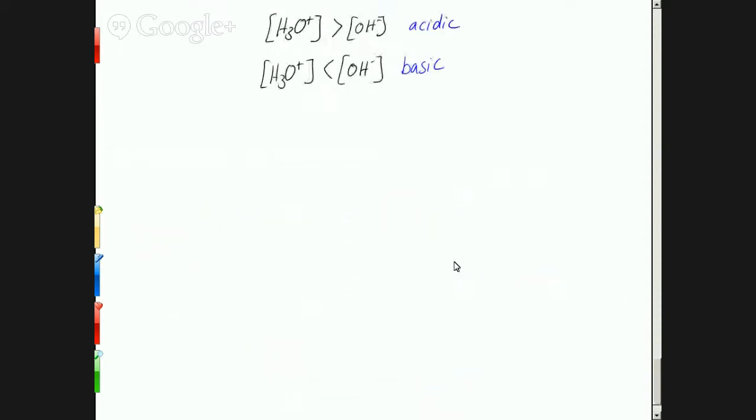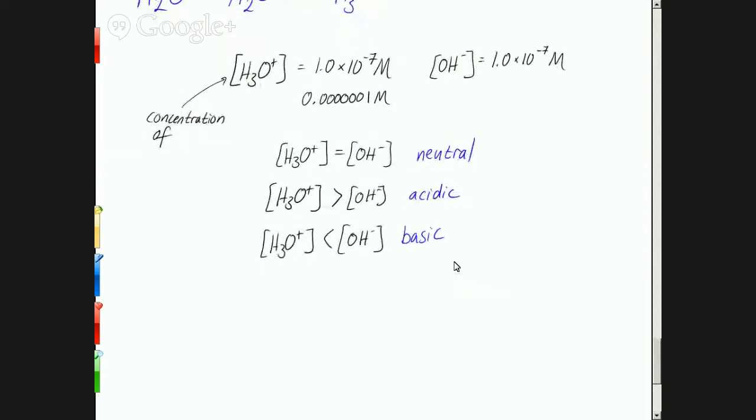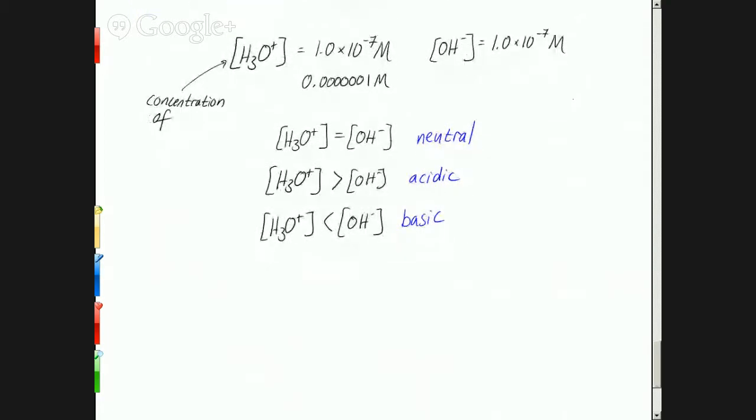Now, because these numbers are a little weird to work with, because they're always these super small numbers with scientific notation, the pH scale was developed to help us deal with this. Does anybody know what the pH is?